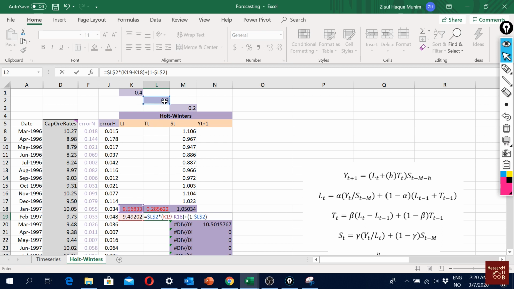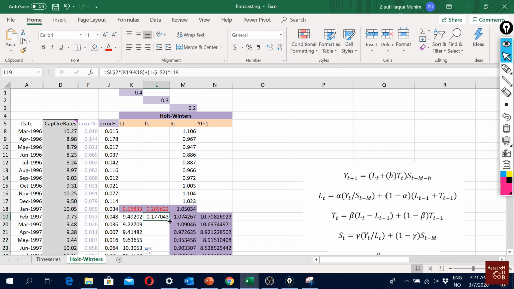We close the bracket, and then we multiply with T minus 1, that is here, and then we close it. So just to double check if the equation is correct, we have the beta and we fix it, multiplied with LT minus LT minus 1, so LT is this one minus LT minus 1 is this one. Okay, K18 and 19, yeah, and plus 1 minus beta multiplied with T minus 1, enter. So these values should be correct, and now I will just double click to have all the values there.